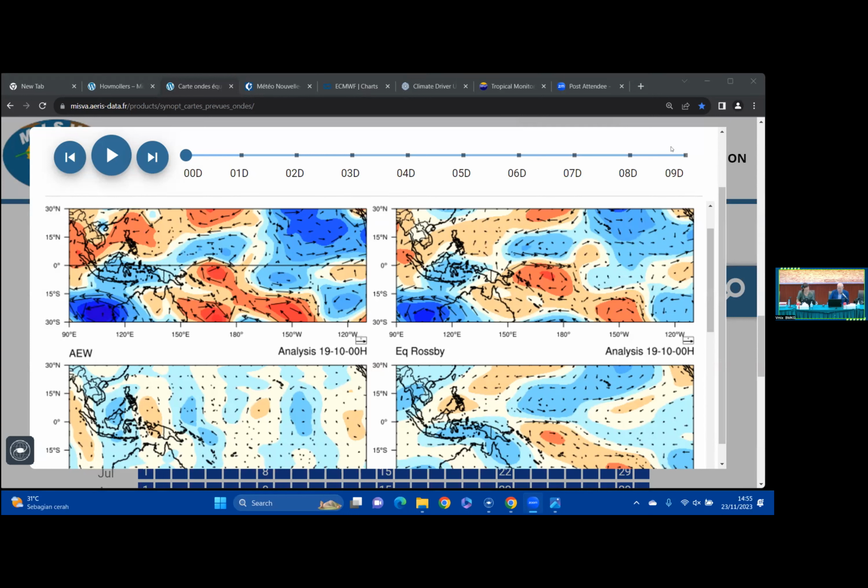Very often the MRG is something which is added to the equatorial Rossby wave. Not always, but often. Yes, it's like a modulation of the equatorial Rossby wave, and for one or 2 days it adds vorticity, and the next 1 or 2 days it removes some vorticity.